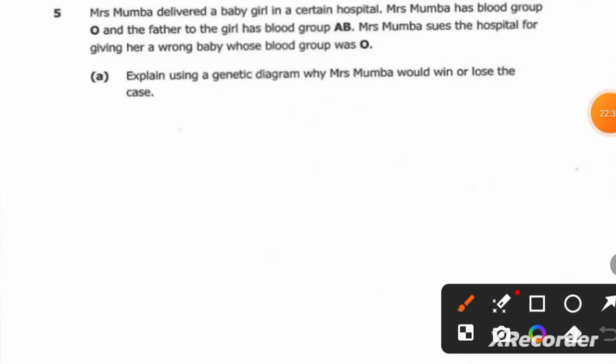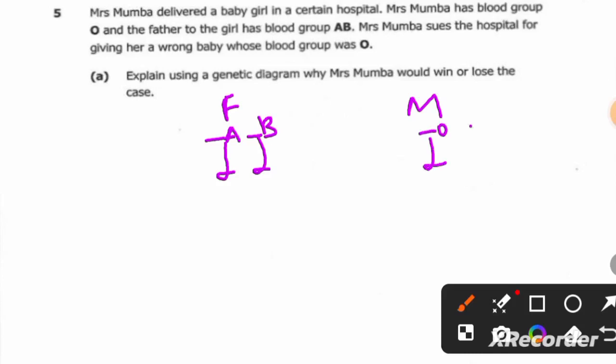So F stands for father, M stands for mother, and we are told that the blood group of the father is AB, and the blood group of the mother is O. We do genetic crossings.